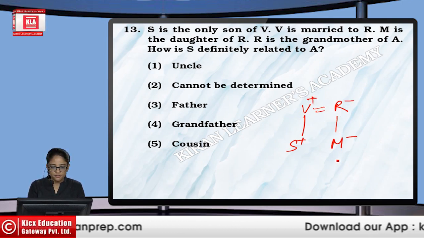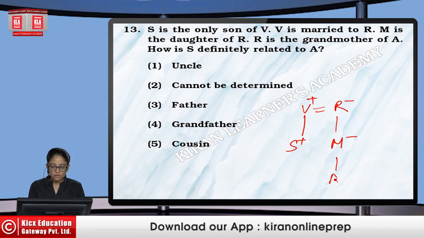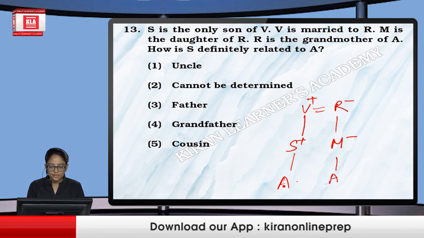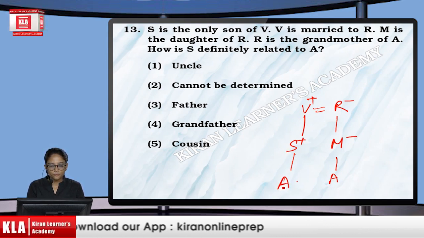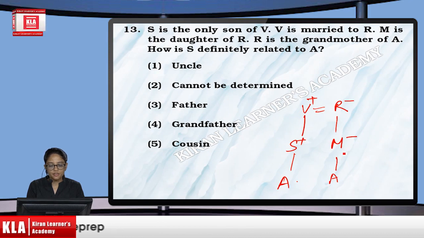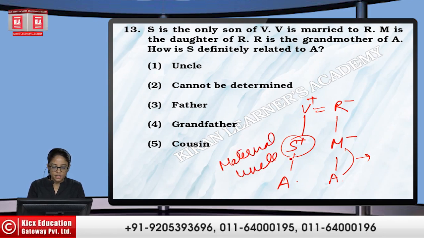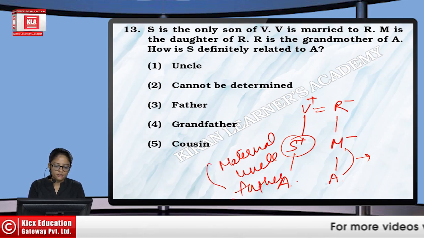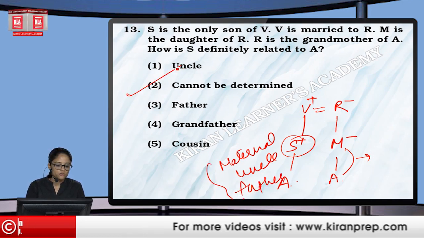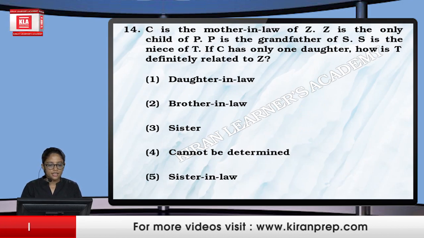So it can be related to M also, and it can be related to S also. If it is related to S, then S is the father. If it is related to M, then in this case we have S as the maternal uncle. We have 2 options, so we cannot determine out of the 2, so the option will be second. Let's see the next one.